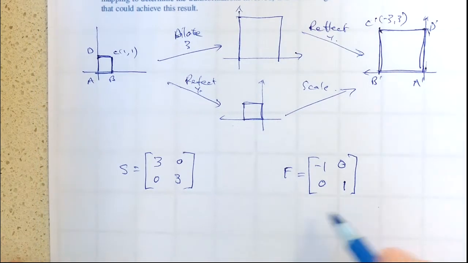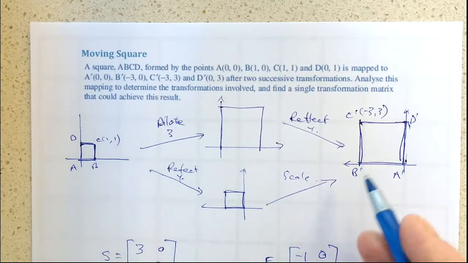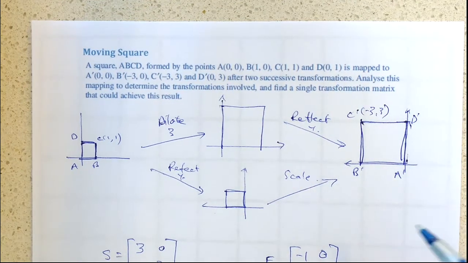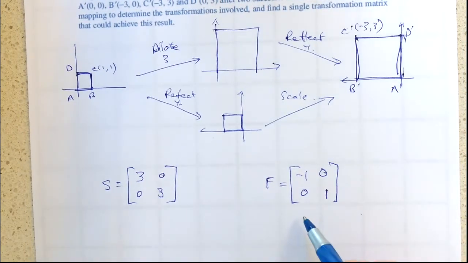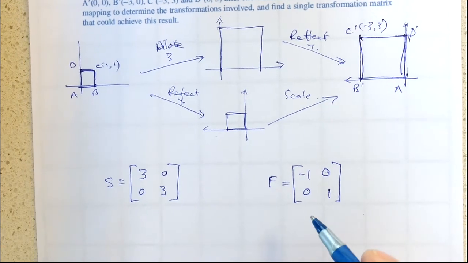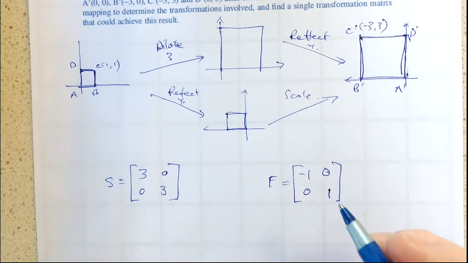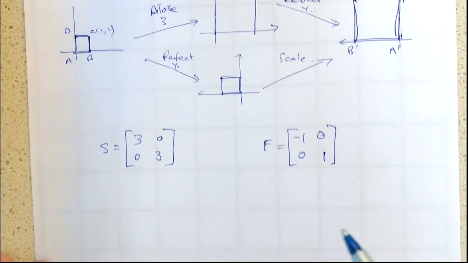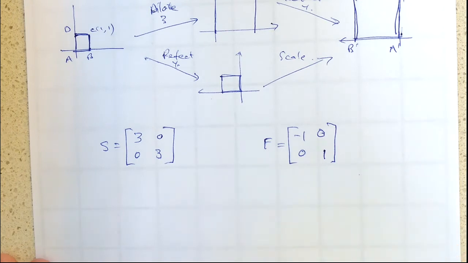Now how students come to these matrices kind of depends on their experience. If they've done a lot of exercises involving these individual transformations, they may well be fluent enough to just write them down. Other students may need to do a bit of reasoning about where points move and how their coordinates are affected. And yet other students may have to resort to solving for the elements of the matrices using simultaneous equations.